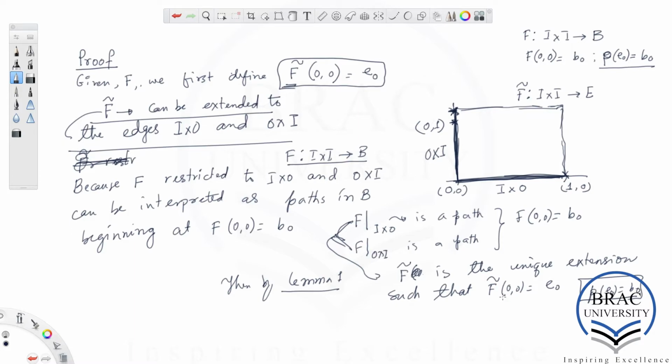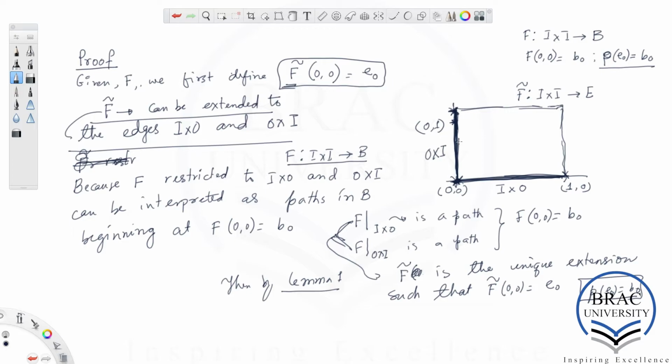This is how we can extend f tilde from the origin to these two edges continuously. Okay, so this was the first thing to do.